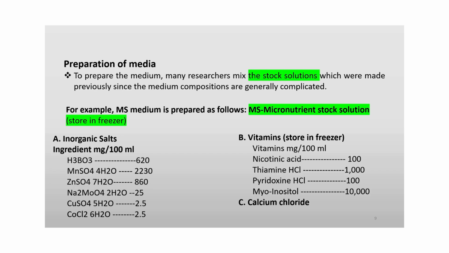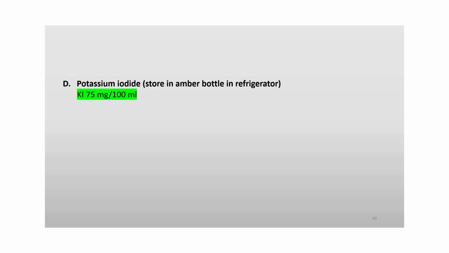Calcium chloride is prepared separately, 15 grams in 100 ml. Next solution, potassium iodide, stored in an amber colored bottle in the refrigerator because it is light sensitive. Potassium iodide, not chloride, 75 milligram in 100 ml.